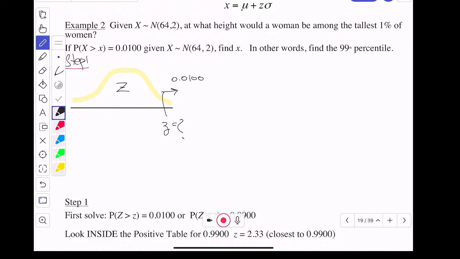Either you look on the positive table for 0.9900 because that's the area to the left, or you look up this number on the negative table and then use the positive version. So those are your options.